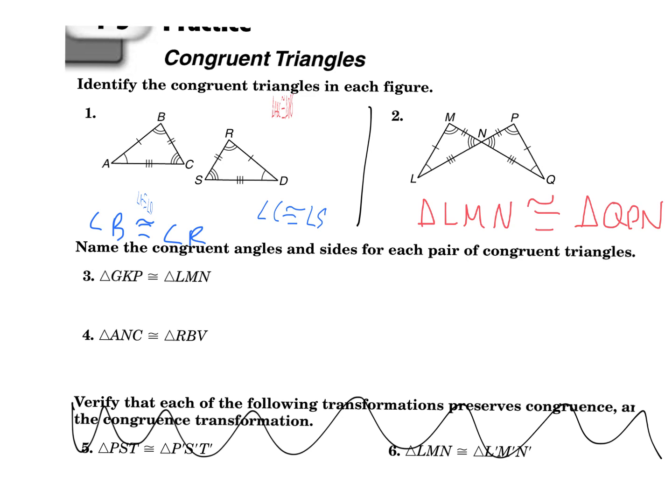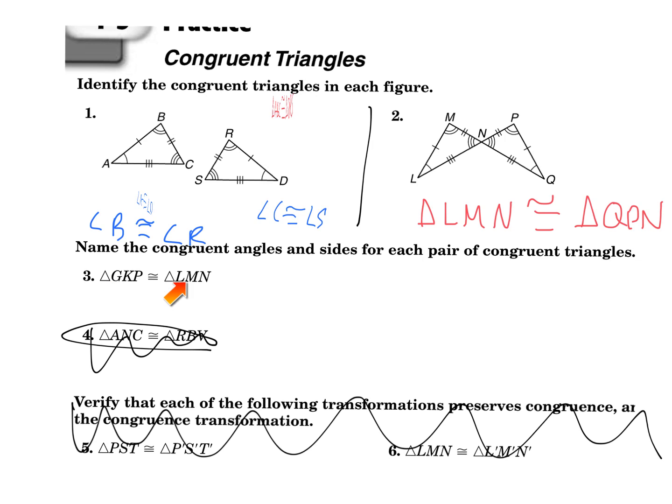Okay, down here, we're going to skip number 4. But number 3, we need to name the congruent angles and sides in this one now. We know that they're in order, so each one corresponds with the one in the same slot.